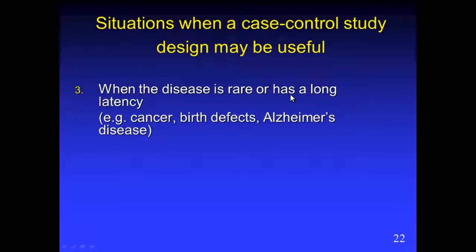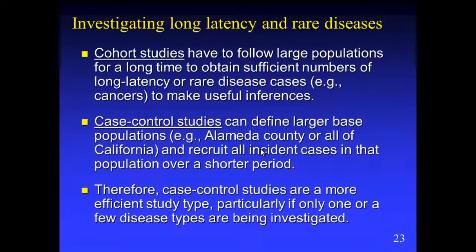And also, when a disease has a long latency period, and we've talked about cancer, and we know that the critical exposures often occur decades earlier than when the cancer is actually diagnosed.